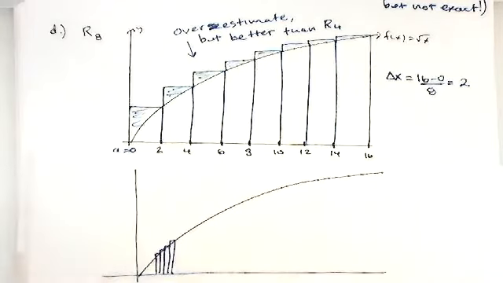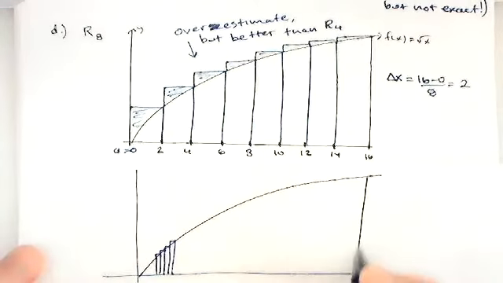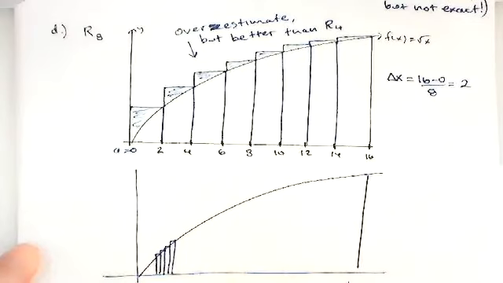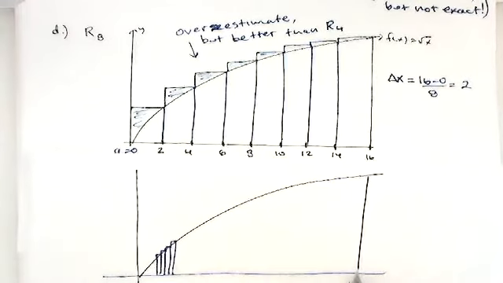But what would be the challenge now? What would be the hard part? Oh, yeah. If I could fit, certainly I could fit an infinite number of rectangles between 0 and 16, but what would be the hard part?